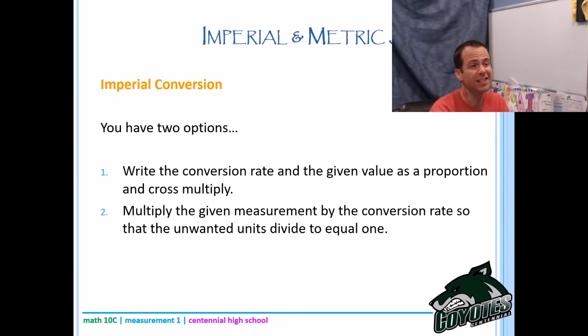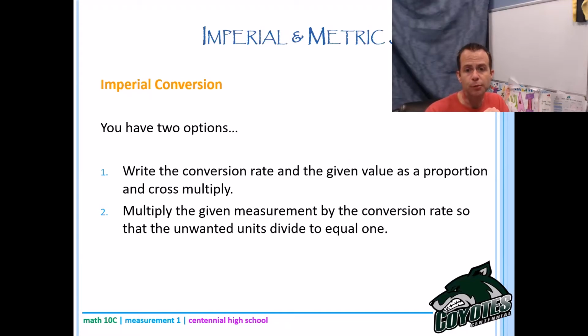Some of these things you're going to be like, oh, but I can do this in my head. Great that you can do it in your head, but you need to be able to communicate what's happening in your head, okay? And showing your work is that communication. So pick one of these, and I don't care which one you pick. Some of them will be easier than others depending on the question, but I will show you both for the next little while just to help you get into the groove.